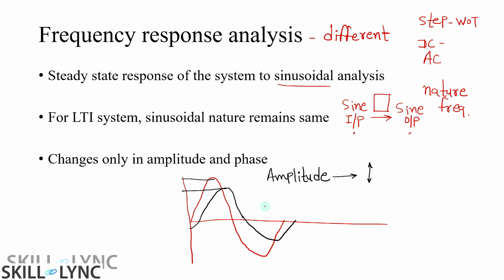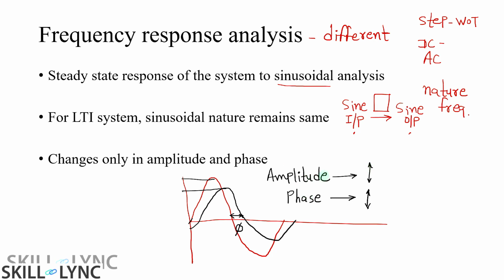What has happened to the phase? Here you can see the phase is 0, and there is a time lag between these two. The frequencies are same, but there is a time difference, or we can say the phase difference between two. So the amplitude has also changed and the phase is also changed. The phase can also either increase or may get delayed or may get advanced, right? The amplitude may get increase or decrease.